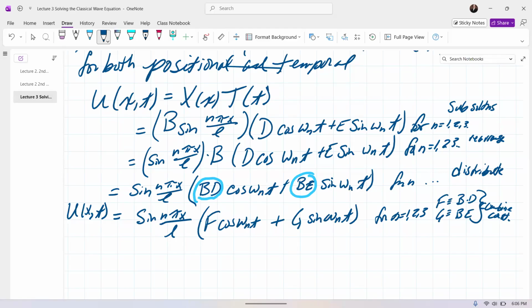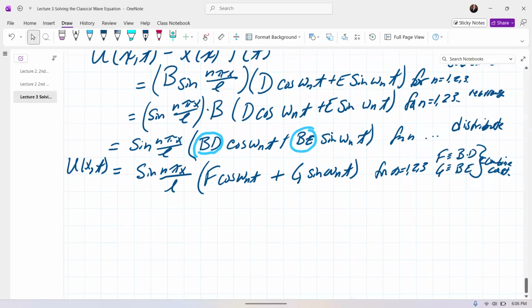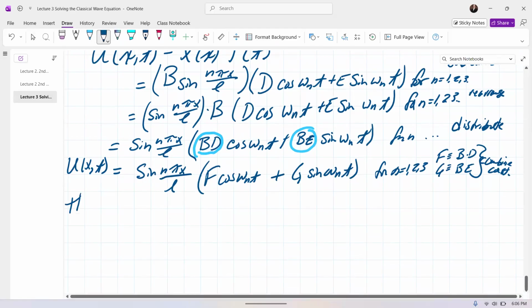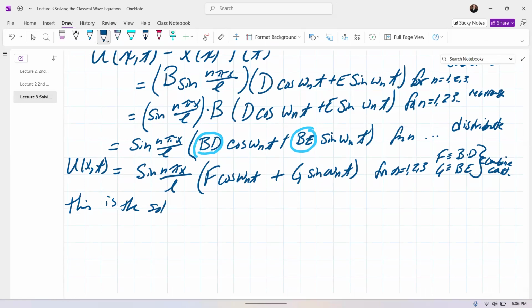Now this is a solution to the differential equation, but since each u sub n of x and t is a solution, their sum is also a solution. Could you check? This is the solution to the differential equation.